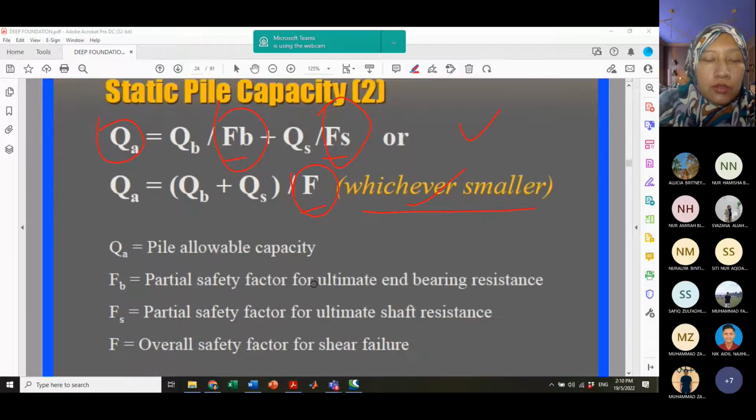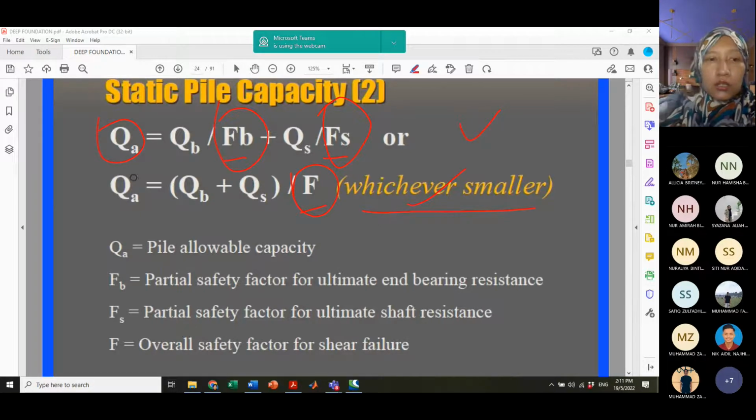Not to forget also, when we design a pile foundation, we can estimate the allowable bearing capacity by having a factor of safety, whether you are using the partial safety factor or the overall safety factor for shear failure. In terms of the design, it is still the same. We want to make sure our structure is safe in terms of the factor of safety against shear failure.